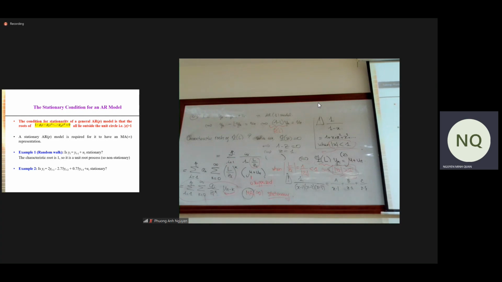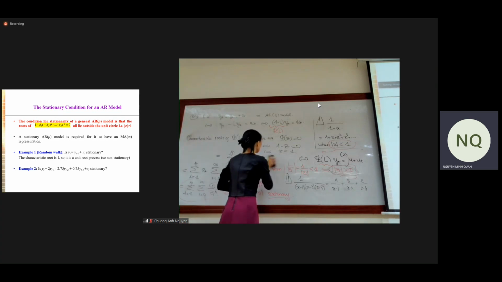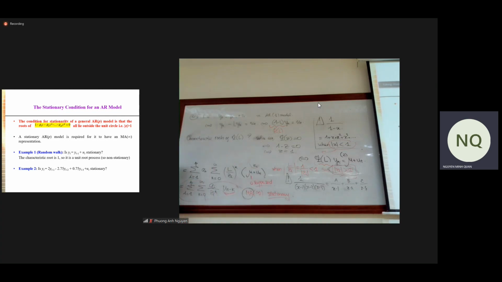So is it outside the unit circle or not? No. It is right on the border, equal to 1, so not outside the unit circle. So the series is not stationary. For it to be stationary, I have to check that the roots are strictly greater than 1, not equal.